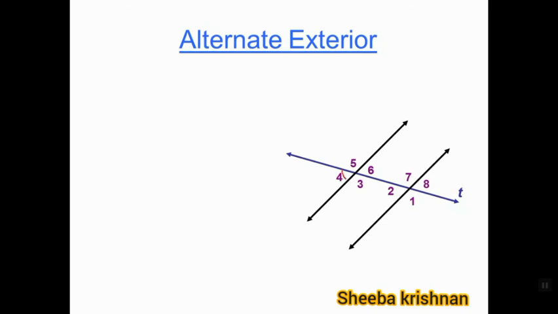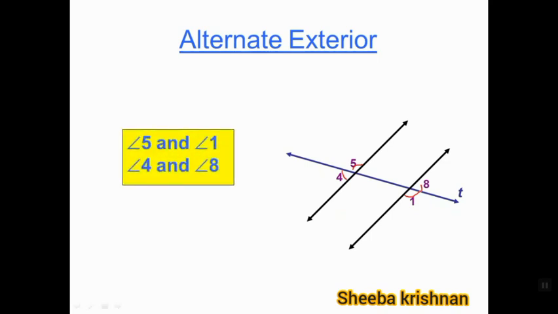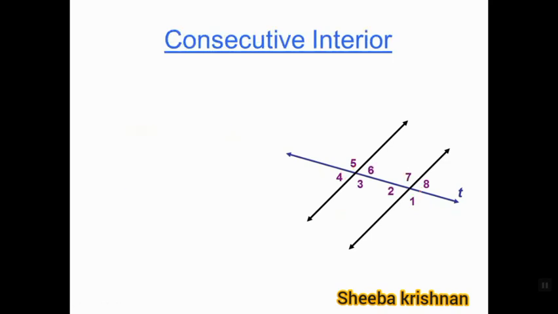So, angle 4 and angle 8, another one angle 5 and angle 1. Consecutive interior angles. So, angle 3 and angle 2, their angle sum is 180 degree, and another one angle 6 and angle 7, their angle sum is 180 degree.